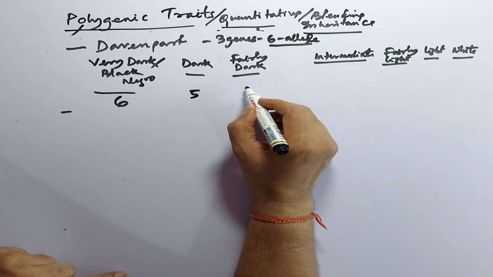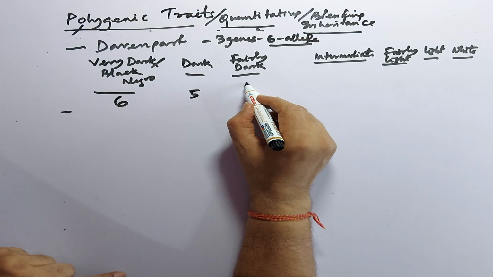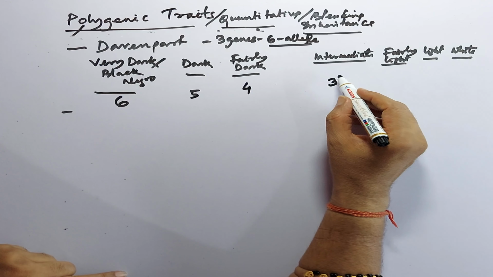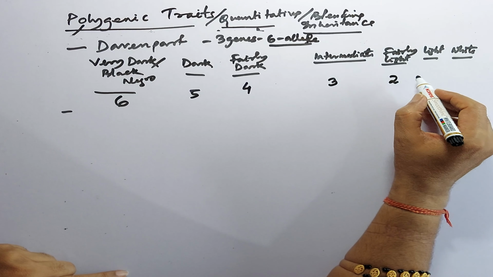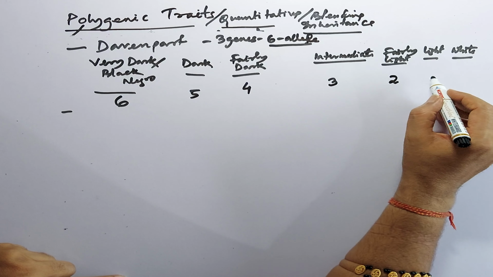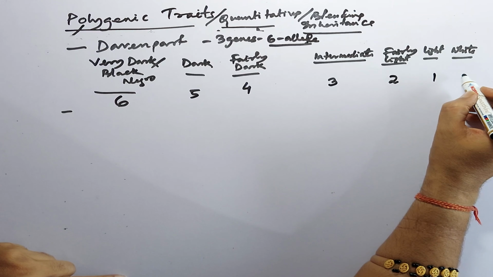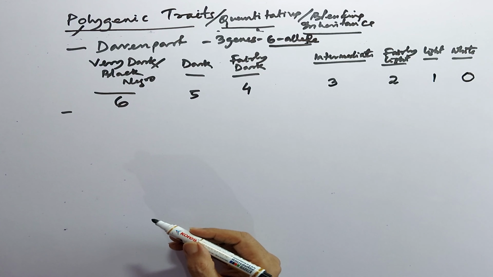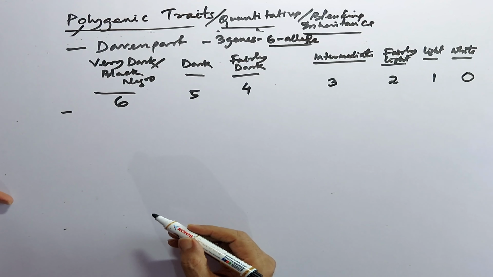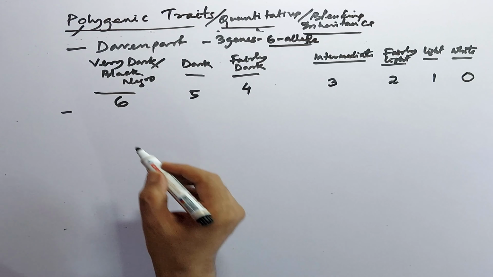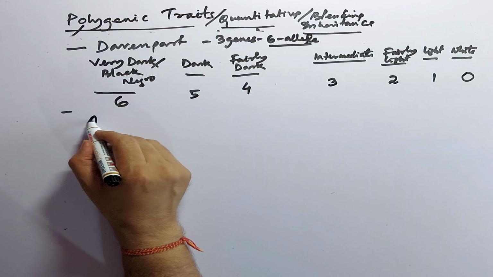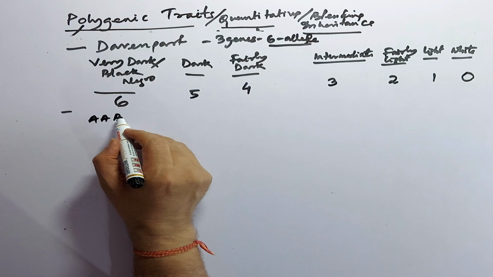And if it is 4, this is fairly dark, and 3 is the middle, intermediate, 2 is fairly light, 1 is light, and 0% of dominant is our white.